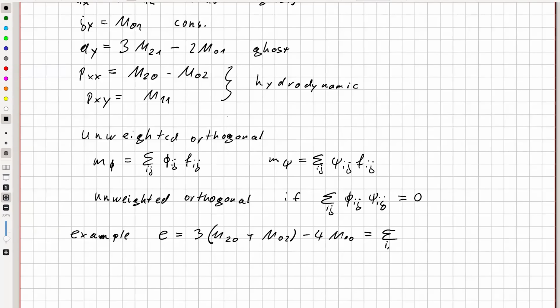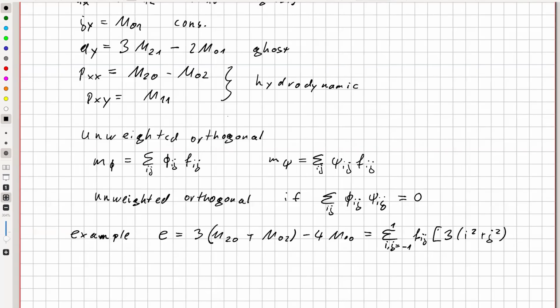This is now the sum over ij from -1 to 1 of the kernel times fij. Now, how do we write these moments? M20 obviously is i square. M02 is obviously j square.